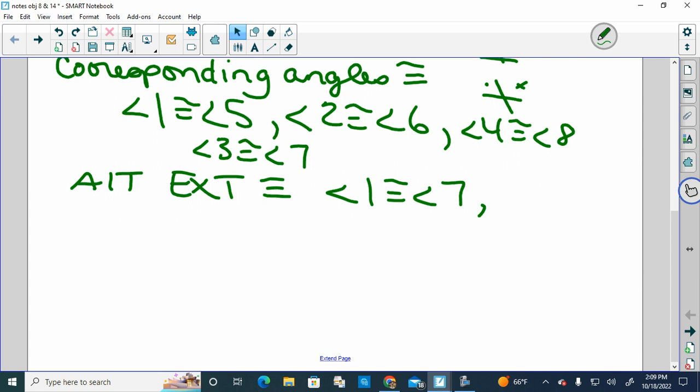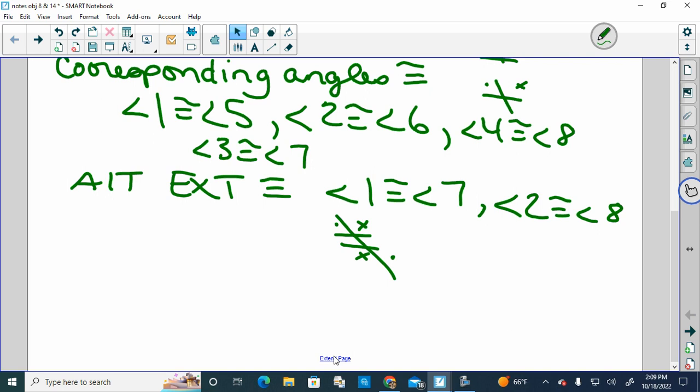Remember I said there's only 2 pairs for all the rest of these. Don't draw this, you have your drawing on there. Alternate means on the opposite side of the transversal, and exterior meaning on the outside of the parallel lines. And then this one and that. All right, so we did alternate exterior.